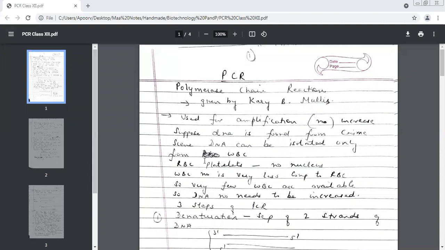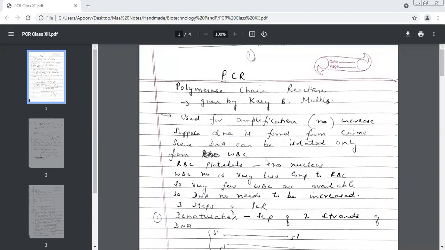Now look at this. Supposing a DNA is found at the crime scene. We know that the DNA is isolated only from the WBCs. Always remember, DNA is always isolated from WBCs. It is never isolated from RBCs or platelets. The reason is they do not have a nucleus.